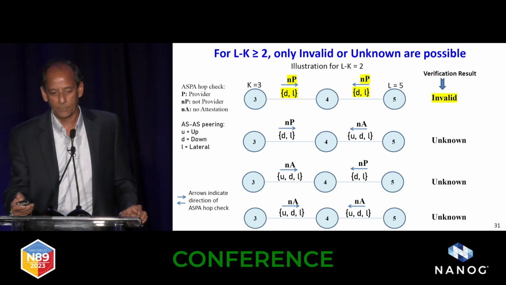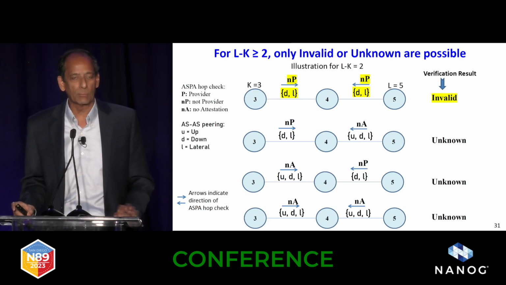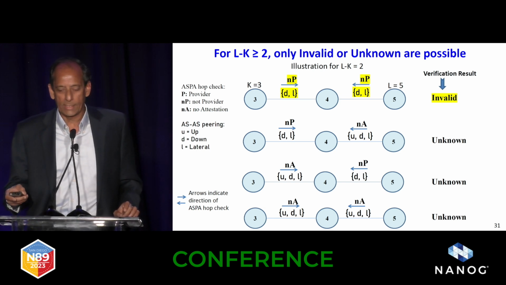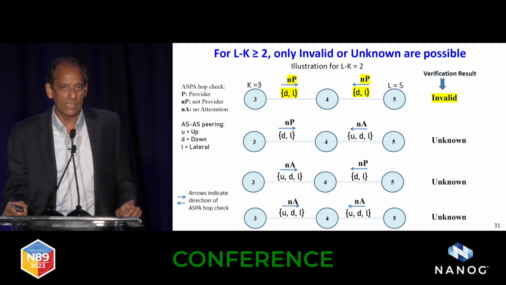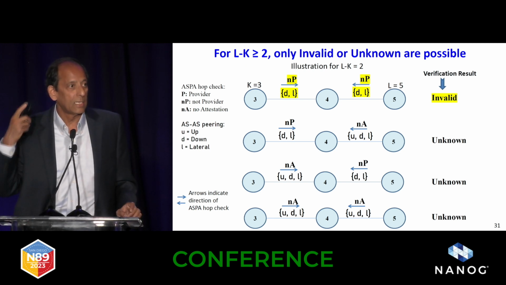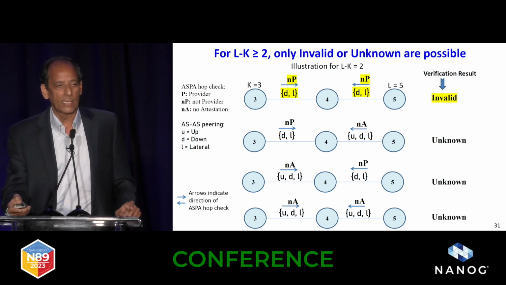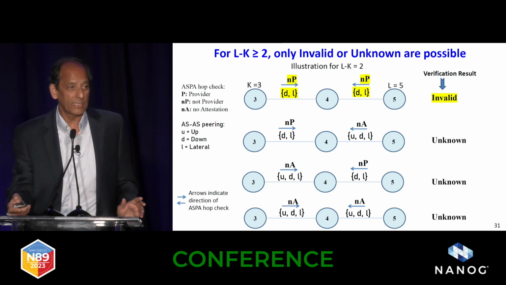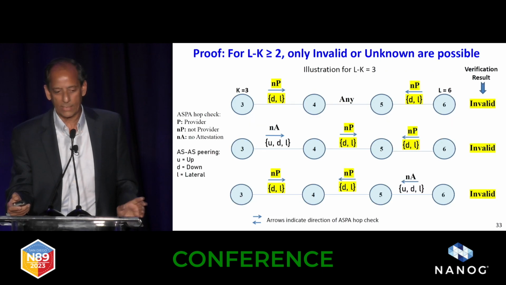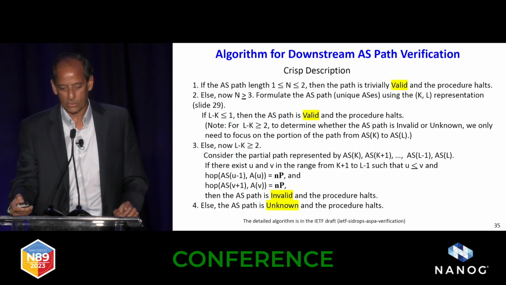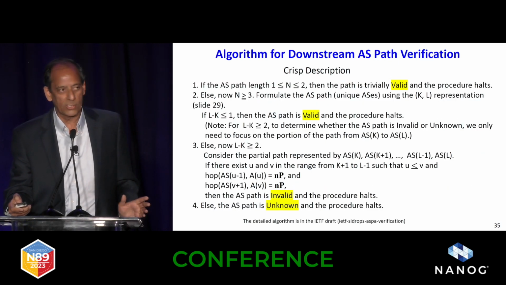The proof basically uses some combination of combinatorics and geometry to show that you take all the possible trajectories, you're applying ASPA, it makes possible certain set of trajectories, and out of those trajectories, whether or not you can tell definitively the path is valid or invalid. So going through that, we have a couple of theorems, and we write down the algorithm which is included in the draft. But the algorithm is essentially what I described for the upstream and the downstream.